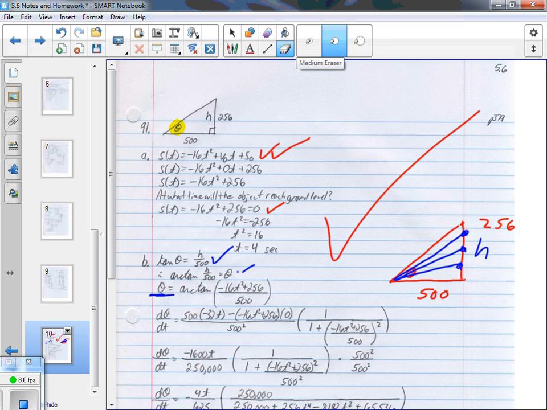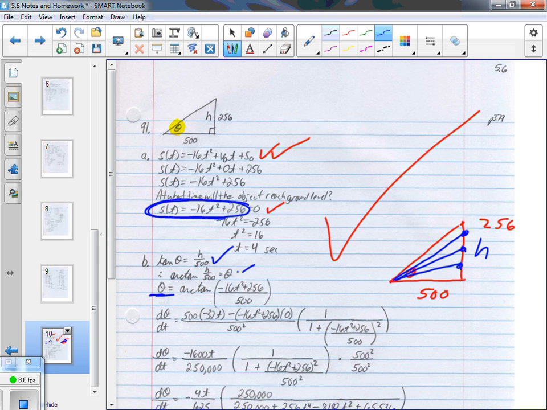So if I do this, let's see. The position of the object we found up here, doesn't that give us the height of the object? Isn't that the way we used it in part A? We said the position was 0 when it hits the ground.